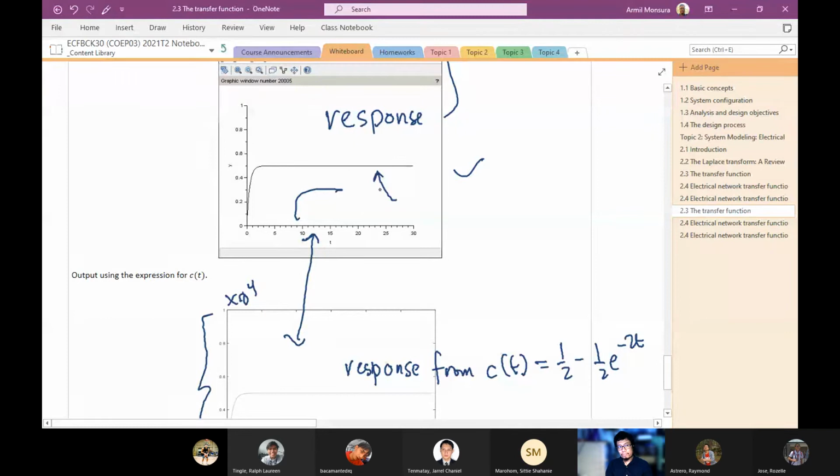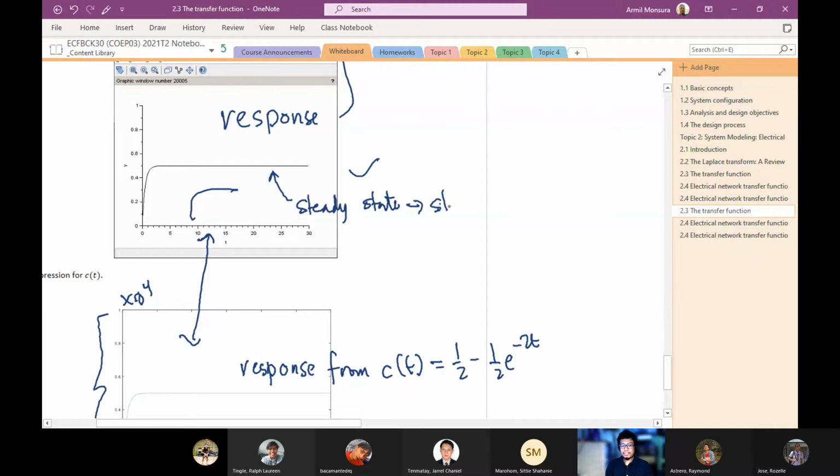We call this part of the response the steady state. This is when the system settles in a form that is similar but not equal. Iba yung similar, iba yung equal.